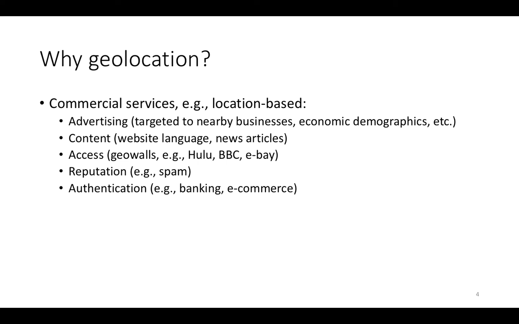Reputation is another reason for IP geolocation. For instance, different IP blocks may be in countries that are known to have different kinds of spamming behavior, or in different kinds of countries that have different criminal type behavior. Similarly, IP geolocation is used for authentication.